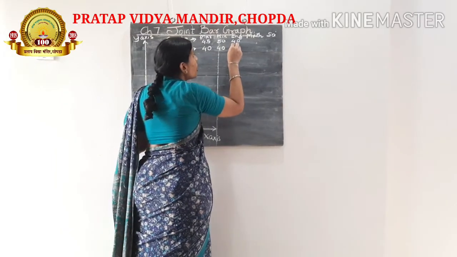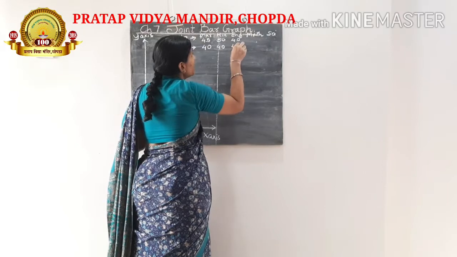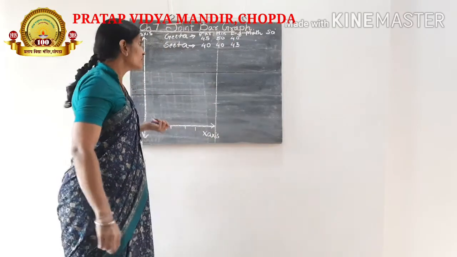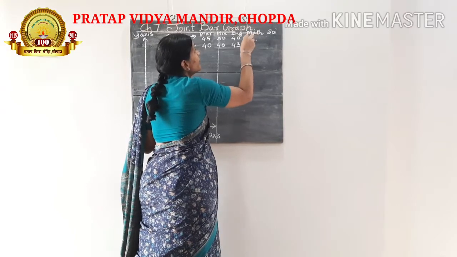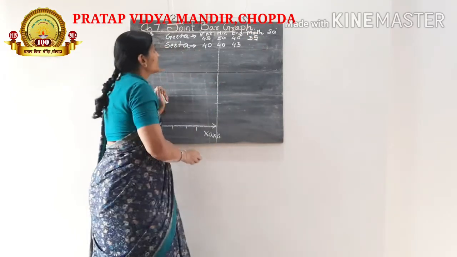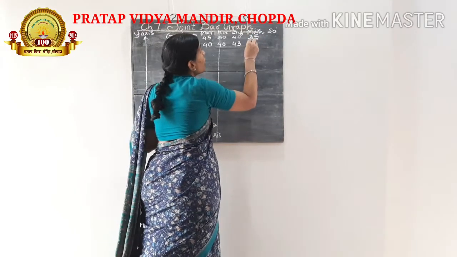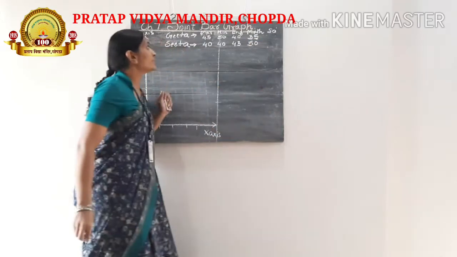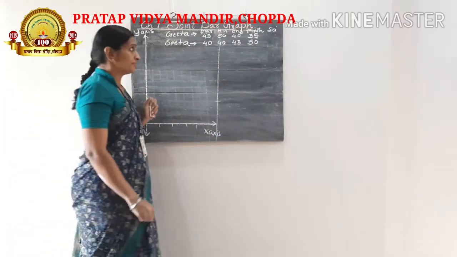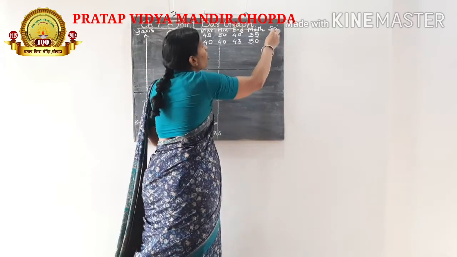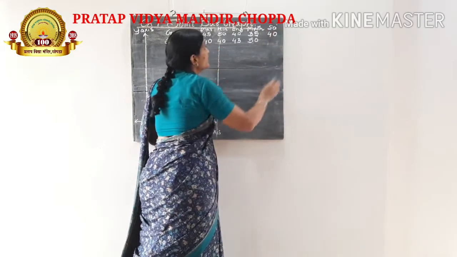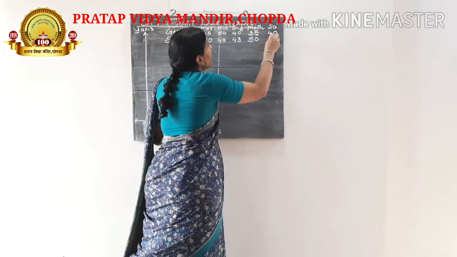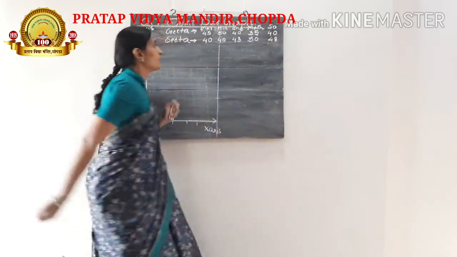Sita scored 43 marks in English. Geeta scored 35 marks in Maths. Sita scored 50 marks in Maths. Geeta scored 40 marks in Science. Sita scored 48 marks.